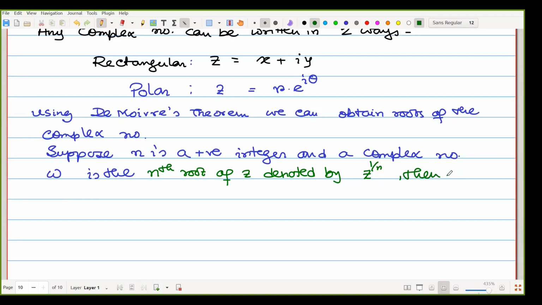Then we have omega to the power n is equal to z, that is obvious, no problem. If we have the nth root, then omega to the power n is equal to z.